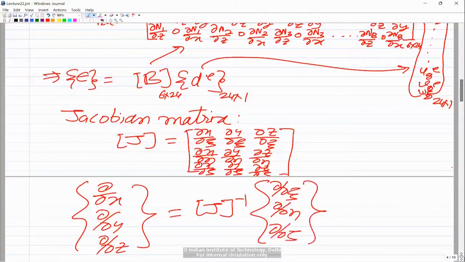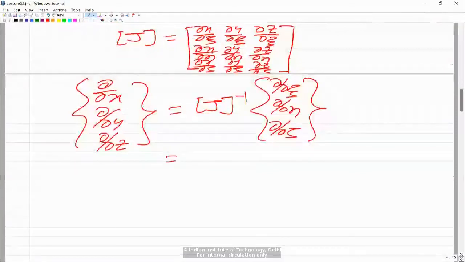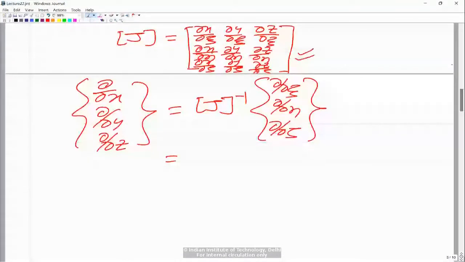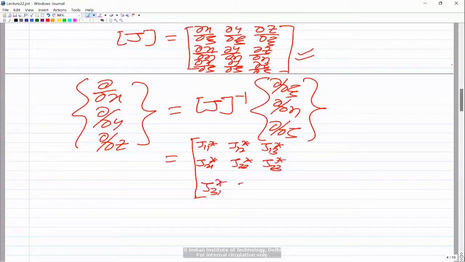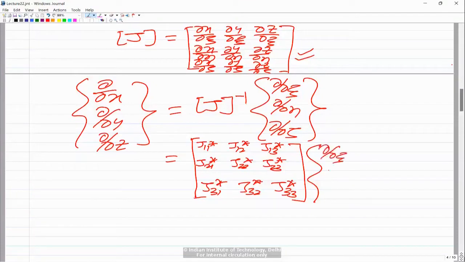You take the Jacobian matrix and invert it. It's a transformation matrix. J inverse is also going to be a 3 by 3 matrix, and let us say the elements of the inverse matrix are J11 star, J12 star, J13 star, the second row J21 star, J22 star, J23 star, and J31 star, J32 star, and J33 star. So that is J inverse, and these operators remain del by del xi, del by del eta, and del by del zeta.